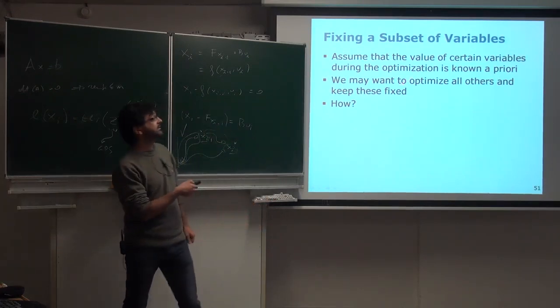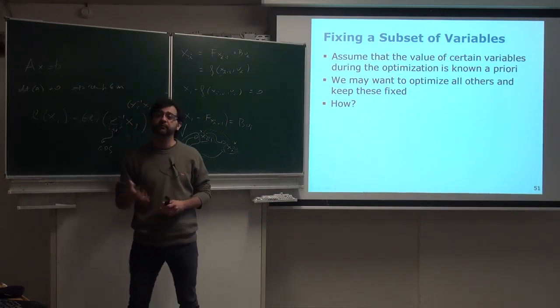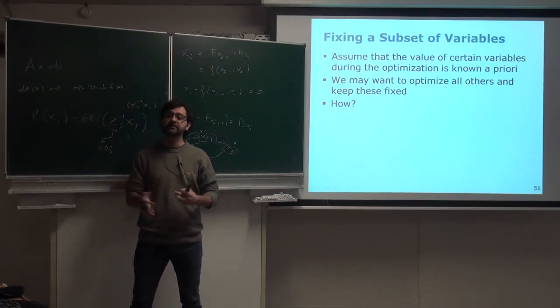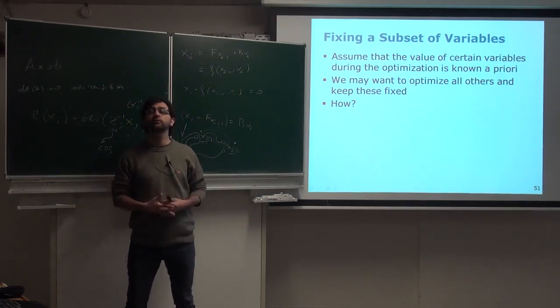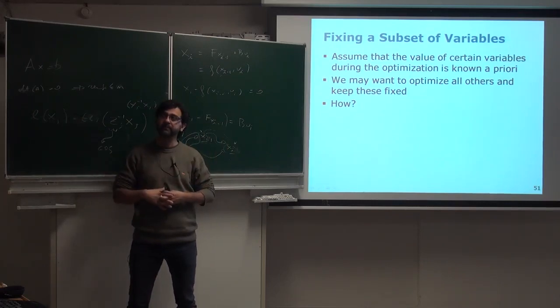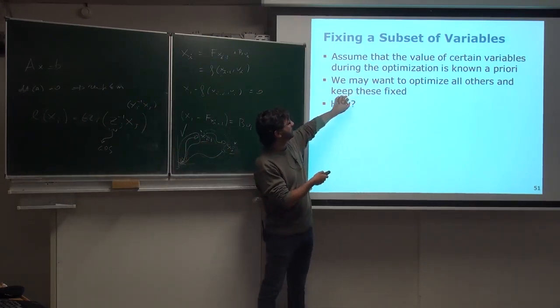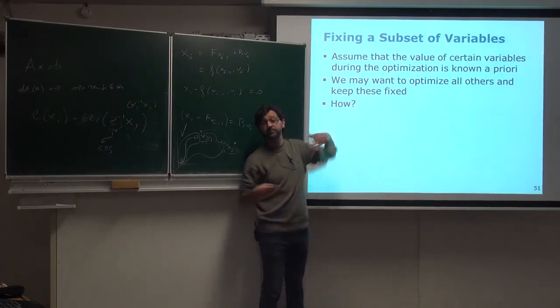This basically means that if you assume that certain variables are known a priori before the optimization, so we know that at a certain point in time the robot was exactly at this location, or we want to know how the other locations of the robot are with respect to a specific one, we can just say we keep those fixed and we optimize the others.